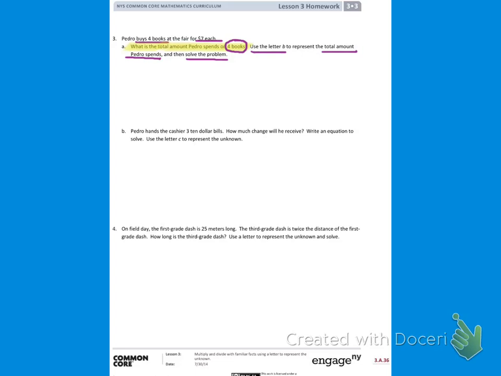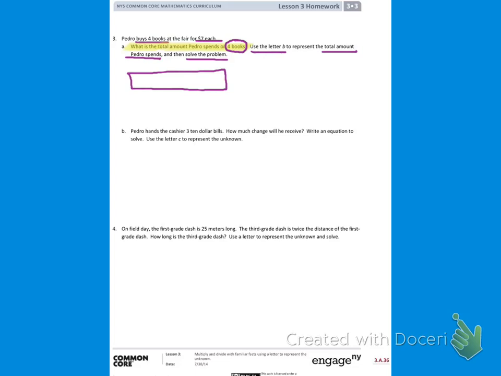I think the best way for me to solve this problem would be to use a tape diagram. If each book that Pedro buys is $7, I need to label each part of the tape diagram with $7.